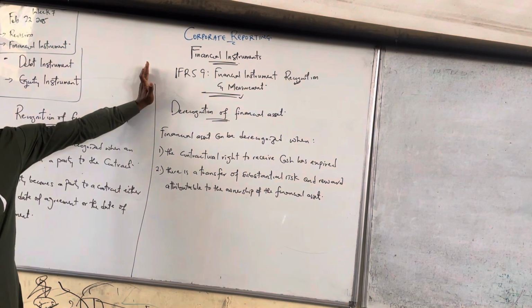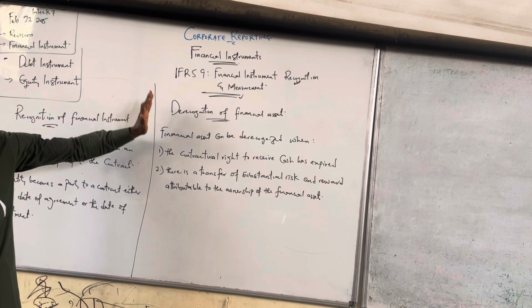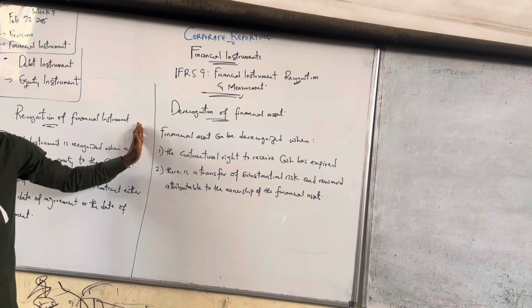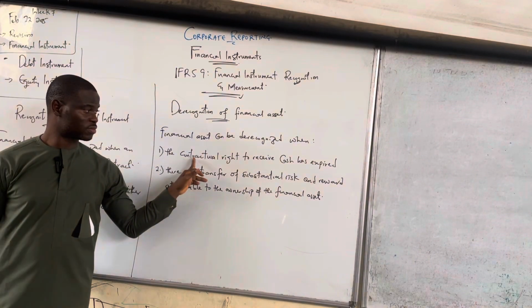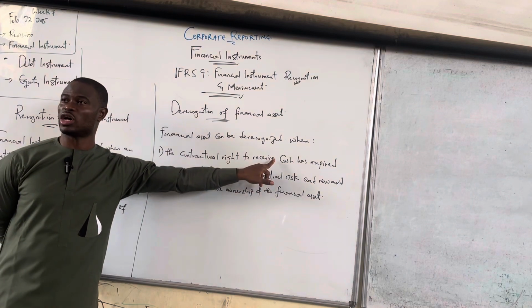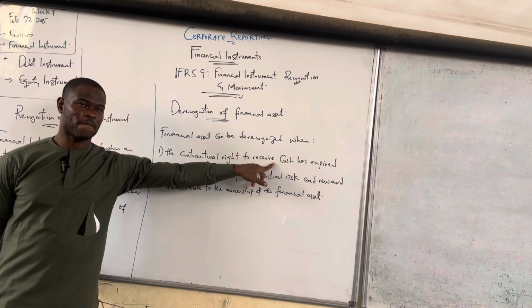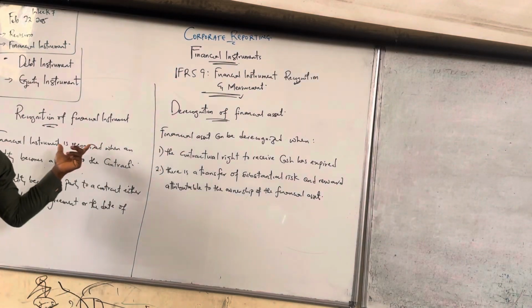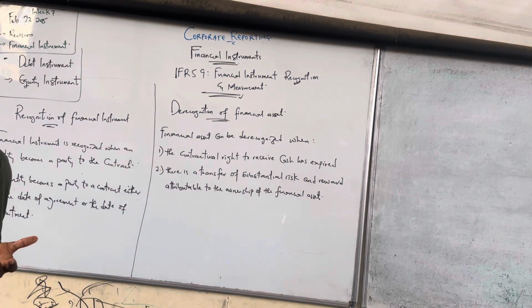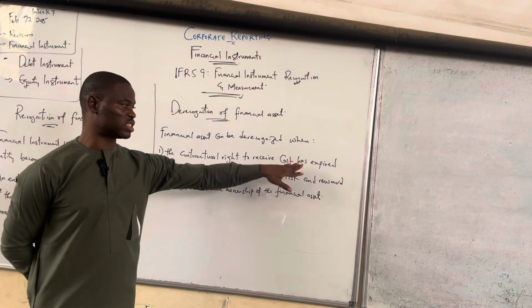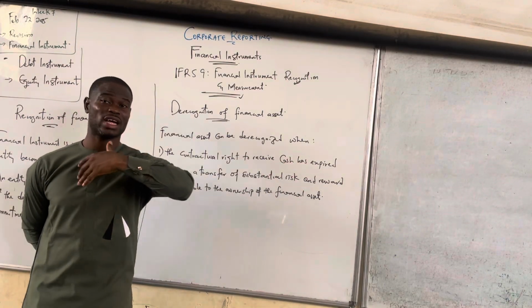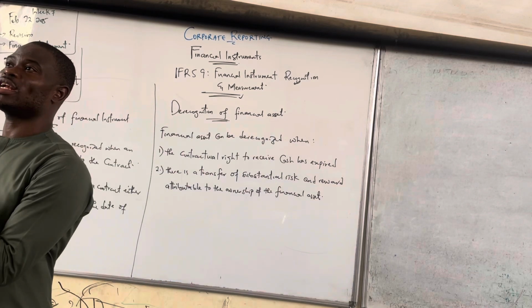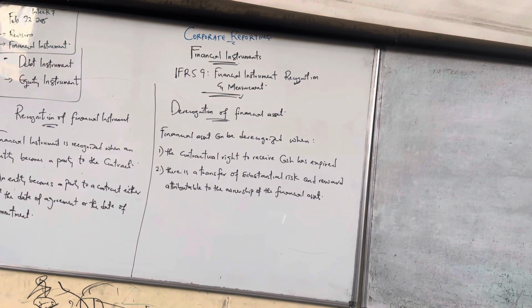So whatever financial assets you have, these are the two derecognition criteria. The first one, your right to receive cash has what? Expired. And this one is coming from the definition of a financial asset that we said is a contractual right to receive cash. So as soon as your right to receive cash has expired, you have collected all your money, or the period has elapsed, or you cannot collect any further money, whatever the reason is.